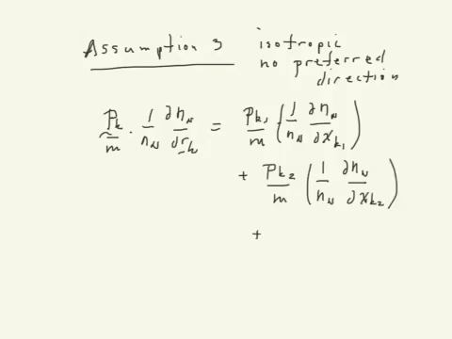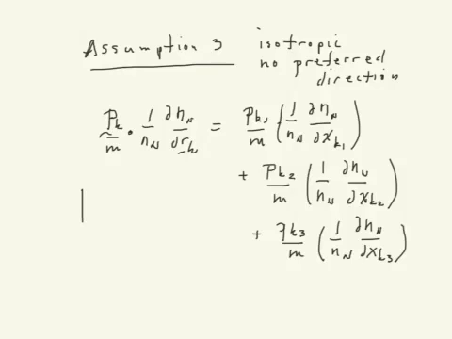And then finally the z direction, which we could call p_k3. So taking the regular dot product in this Cartesian coordinate system would result in these three terms.